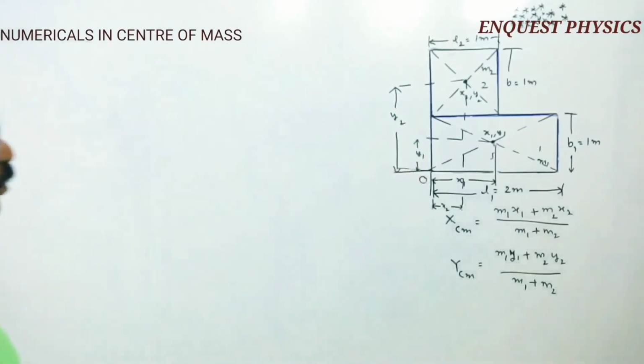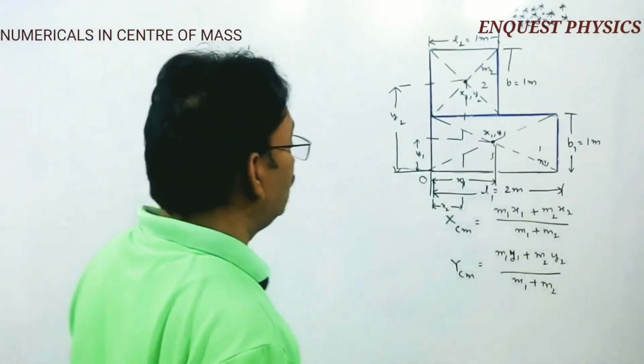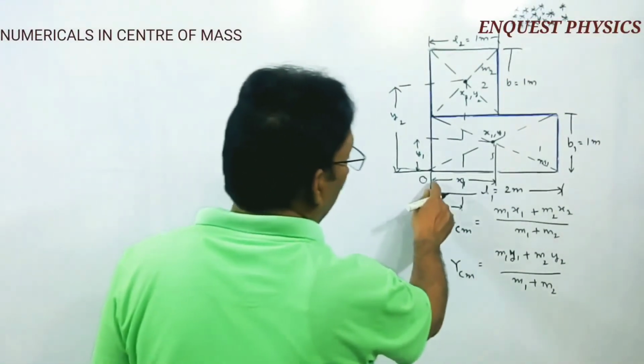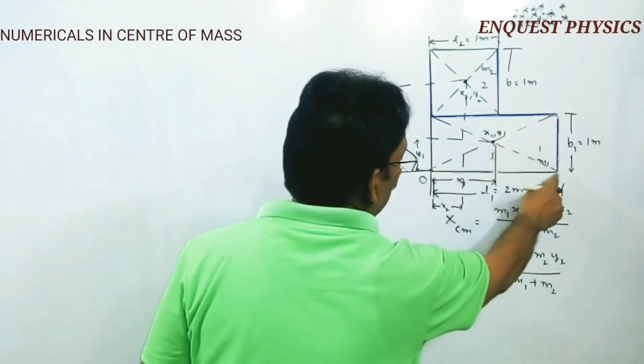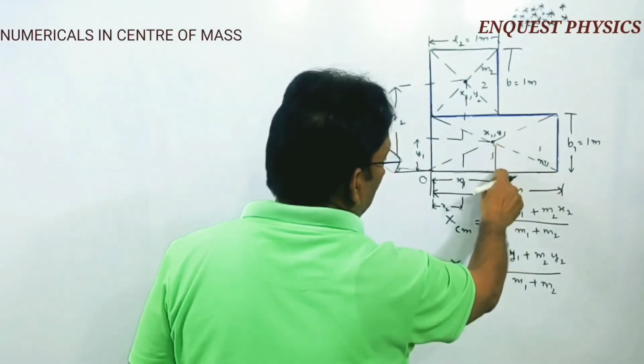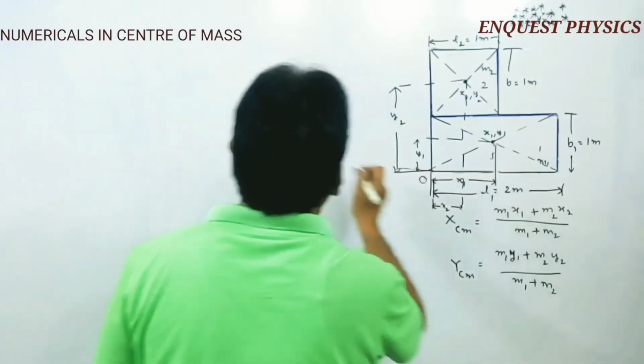Okay, students, let's find the magnitudes of x1, y1, as well as x2, y2. x1, see, it is the geometrical center. The length is 2 meter. It means this distance, half of the total length, is x1.